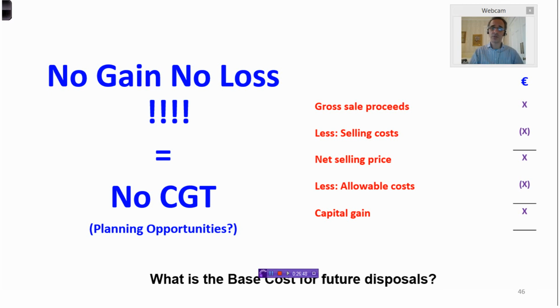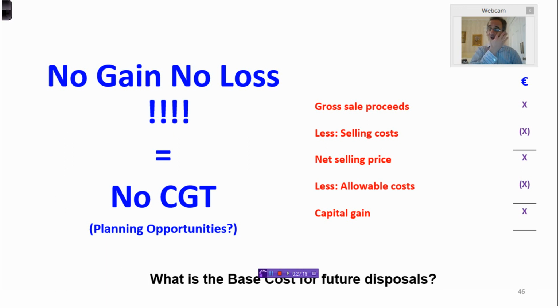So how would you do that in practical terms? Well, what you would do simply is say that the cost equals the proceeds. In other words, how do you come up with no gain, no loss? Regardless of the actual transaction that has taken place, it may well be that a husband and wife have transferred funds between each other in relation to the disposal of an asset, but for our purposes, we need to assume that the sale proceeds are the cost.